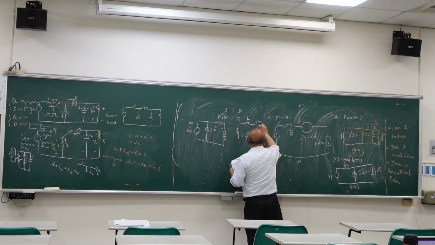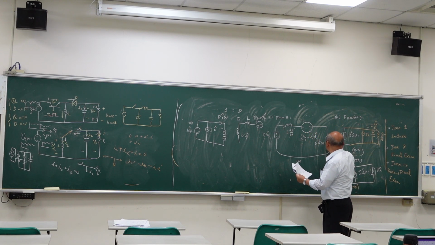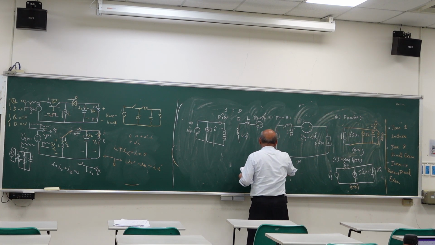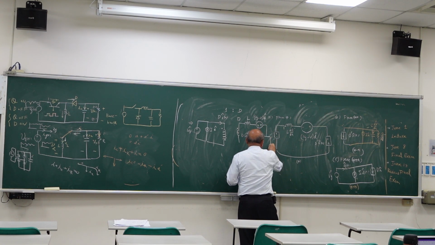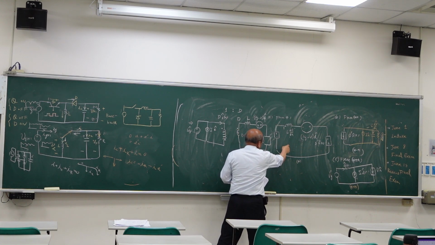So VG minus V divided by DL. This is minus, this is plus. Then what? This one. What is this one? D prime V hat. So I combine this one and this one.